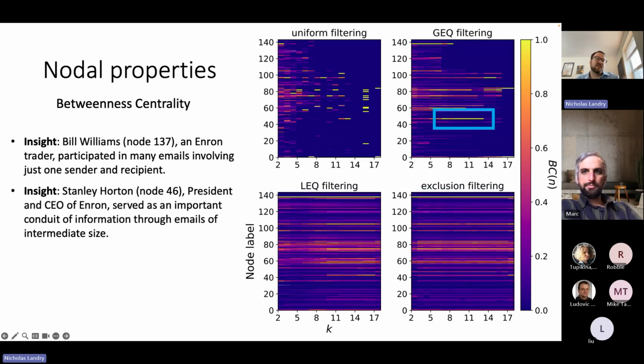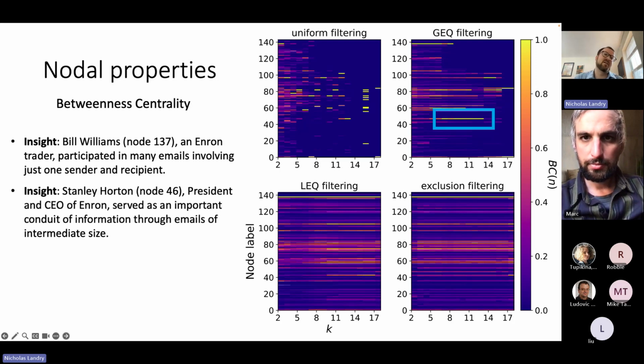What's also interesting is that the CEO of the company seems to serve as an important intermediary when we're looking at emails of intermediate sizes, as illustrated with this region in the GEQ filtering. I just want to emphasize that we could not get to these particular insights if we just looked at the data set as a whole. And so this offers us a tool to get at some finer scale insights.